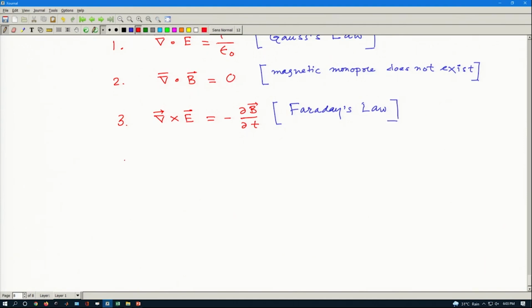And finally, the fourth equation that we got in magnetostatics, that is curl of B is mu 0 J, and we mentioned that this is Ampere's law.